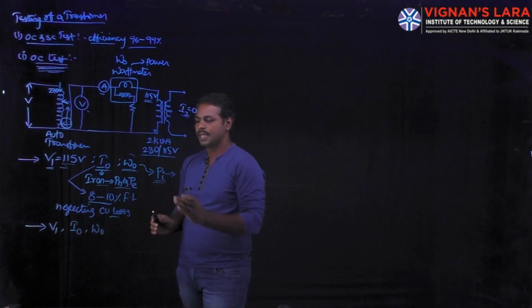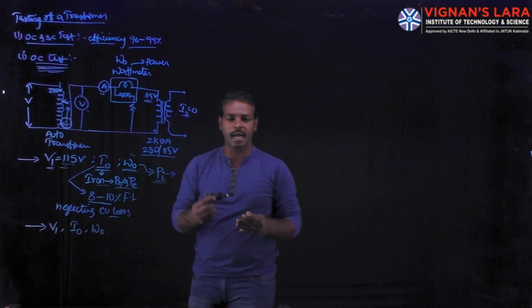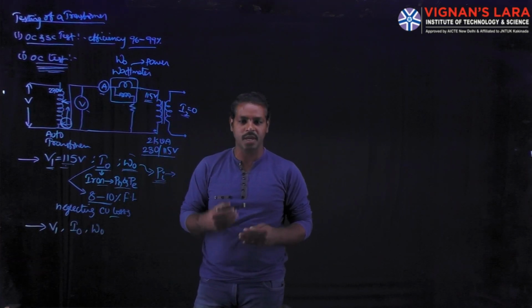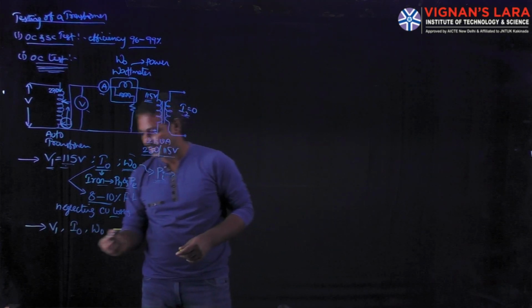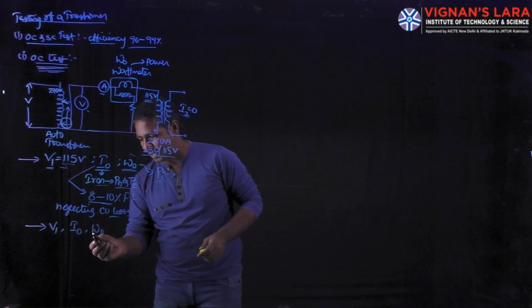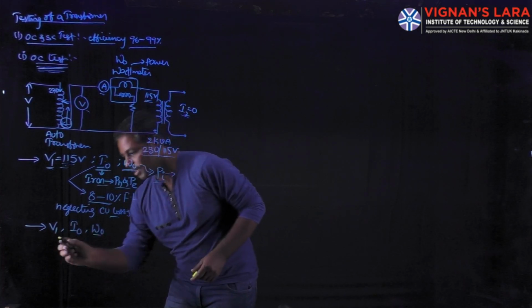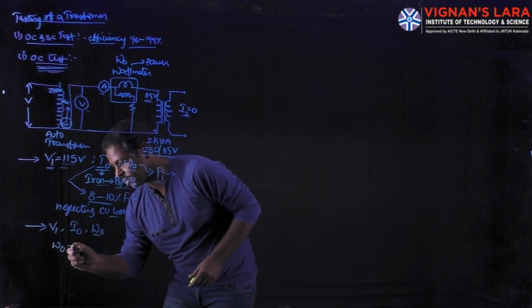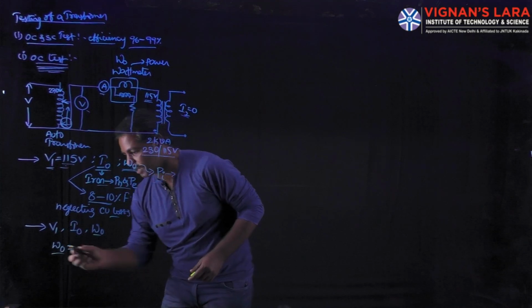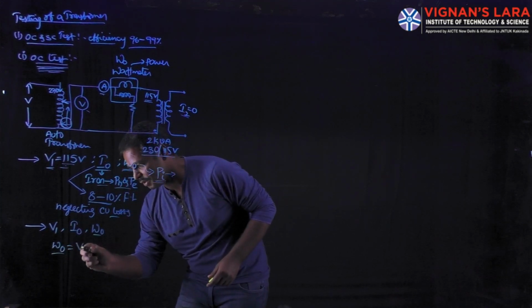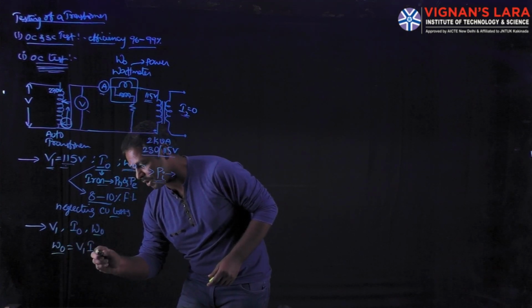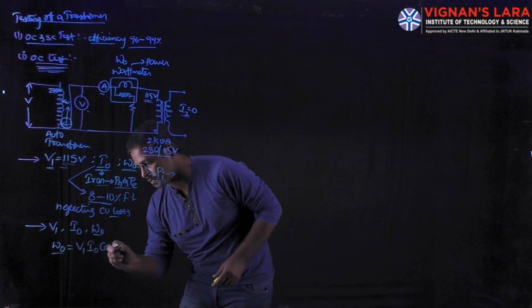Based on these three parameters, we can calculate some other parameters. The first one is the no load power factor. The no load power W0 is equal to V1 I0 cos phi naught.